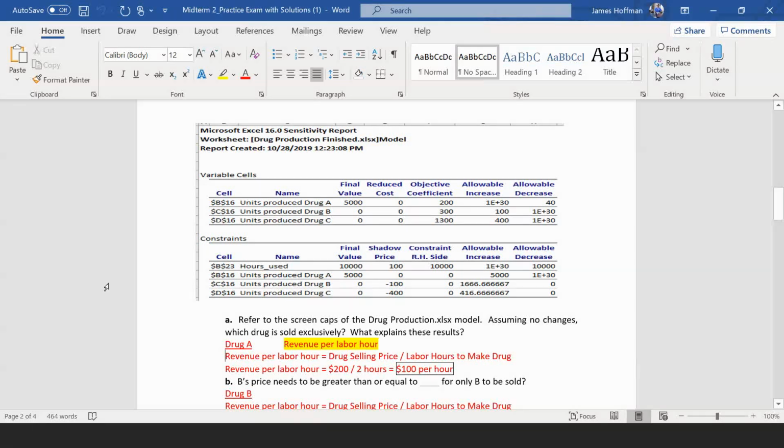Okay, and then since you know that drug A currently has the highest revenue per labor hour, you should go ahead and calculate the revenue per labor hour for drug A. So revenue per labor hour, just in general, is calculated by the drug selling price divided by the labor hours to make that specific drug.